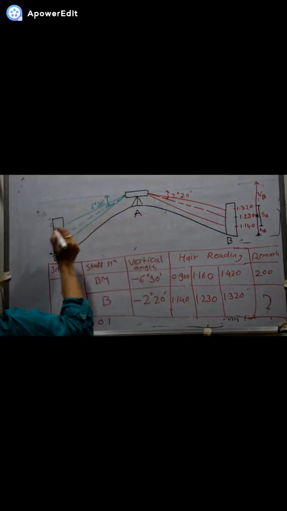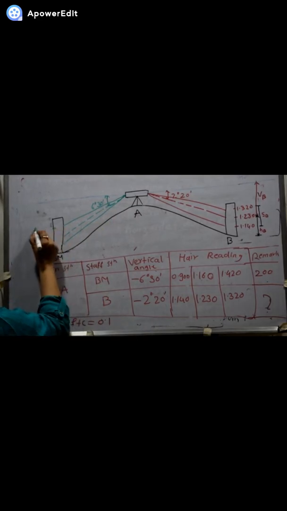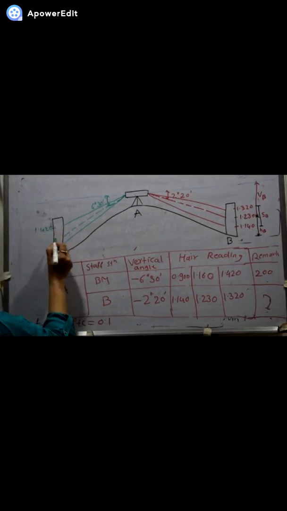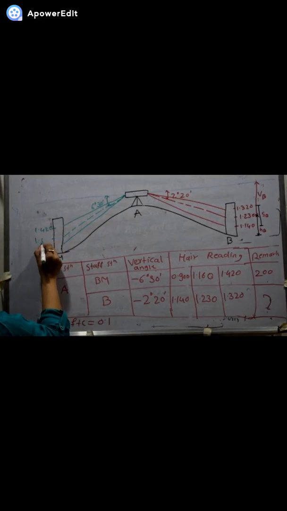The top reading is 1.420, middle reading is 1.160 and the bottom reading is 0.900.